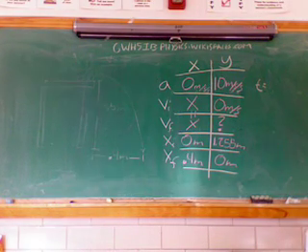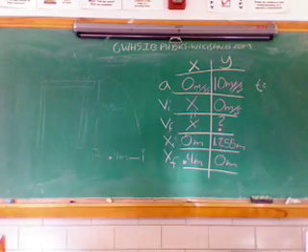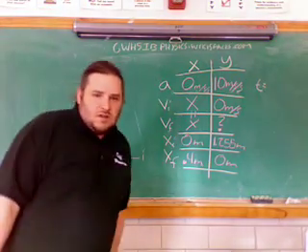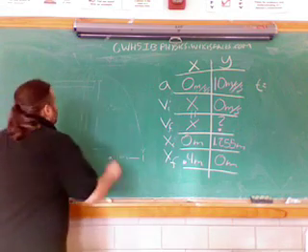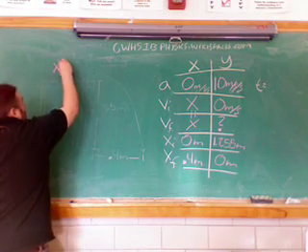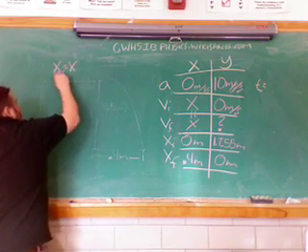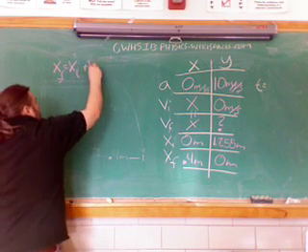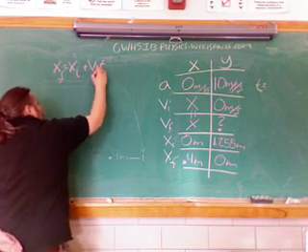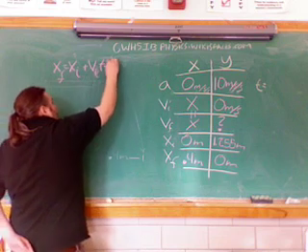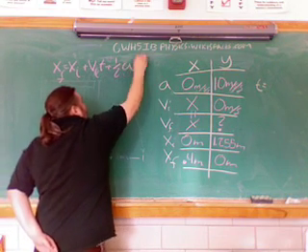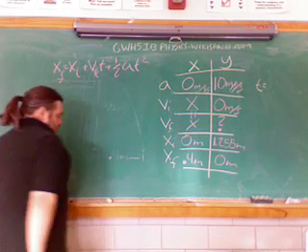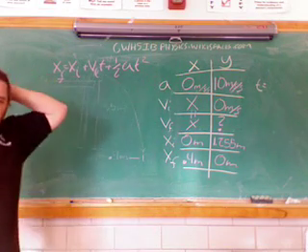That helped. Okay, so x final equals x initial plus v initial t plus 1/2 a t squared. Position equals initial position plus initial velocity times time plus 1/2 the acceleration times time squared.